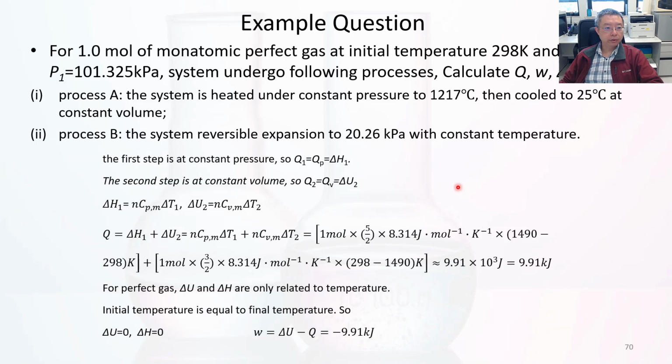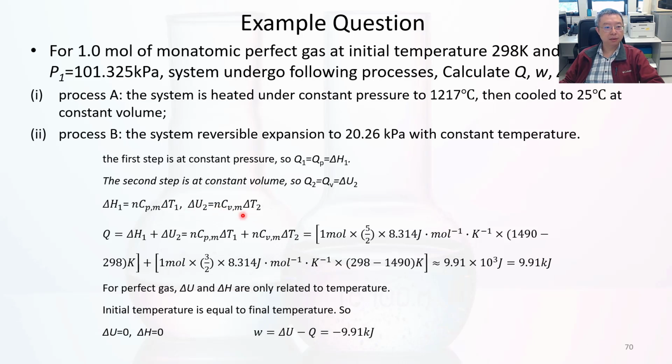Okay, let's check your answers. The first step is the constant pressure expansion. Because the pressure is constant, Q is equal to delta H. The second step is cooling down at constant volume, so this is Qv, or delta U. The delta H of the first step is equal to n Cpm delta T, and since it is 1 mole, it is simply Cp delta T1, and the second step is Cv delta T2.